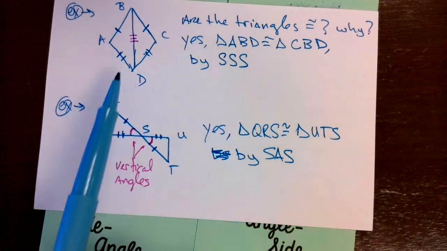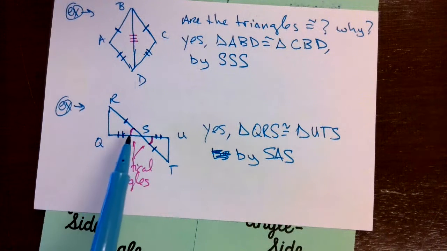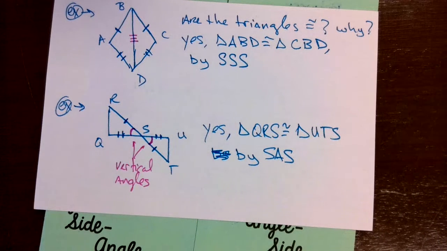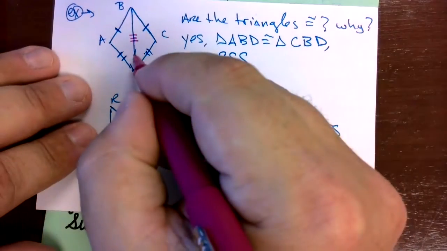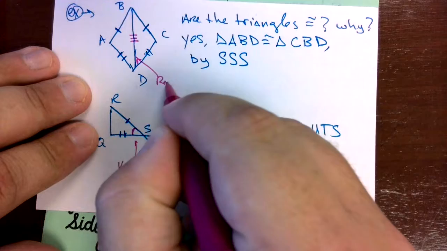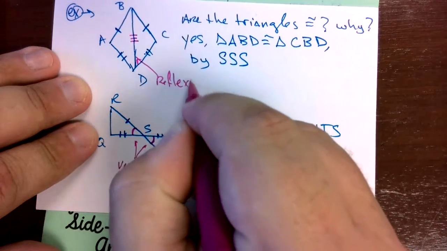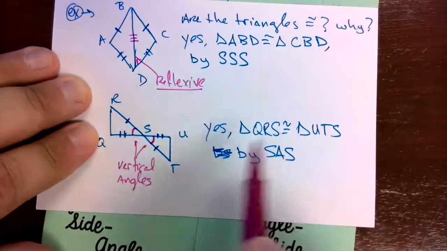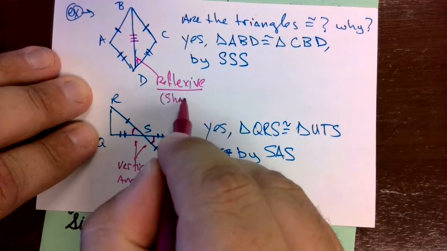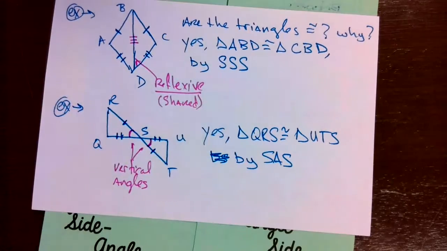Watch for this. This shared line is important. This right here is important, these vertical angles. If you want to know up here, this is a reflexive is what that's called. It's just when something is congruent to itself. It just means shared. Shared angle or shared side. Vertical angles are one of them that we know, so we want to make sure to mark that as well.